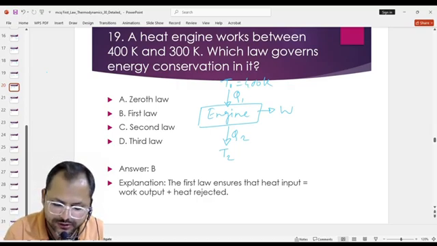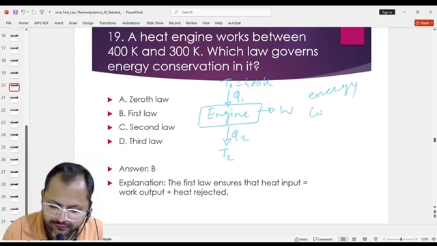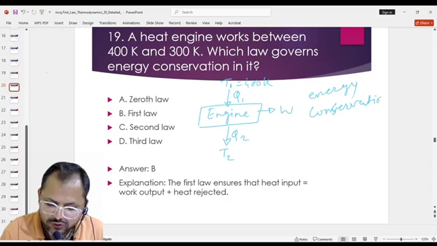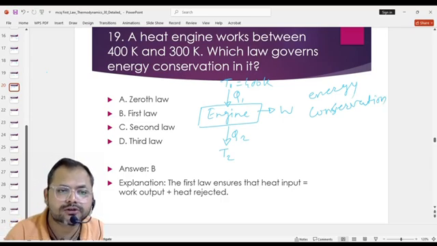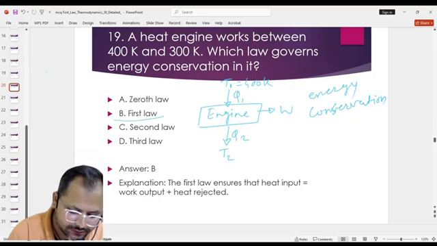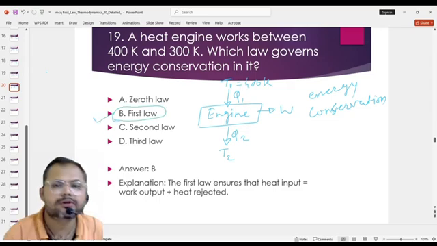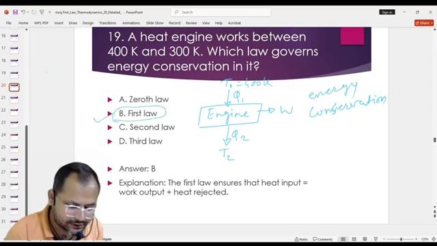In this process, it shows energy conservation. So the first law of thermodynamics shows the energy conservation. So option B is the correct answer.